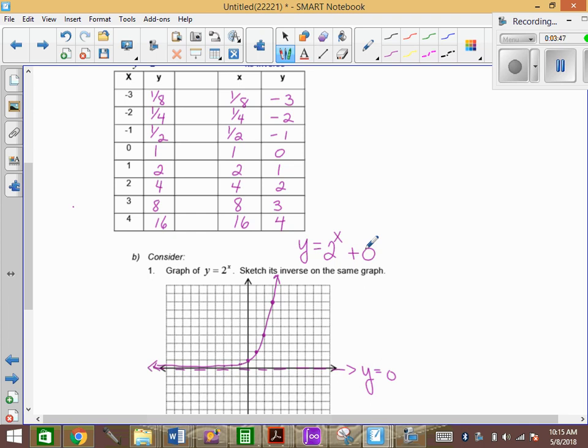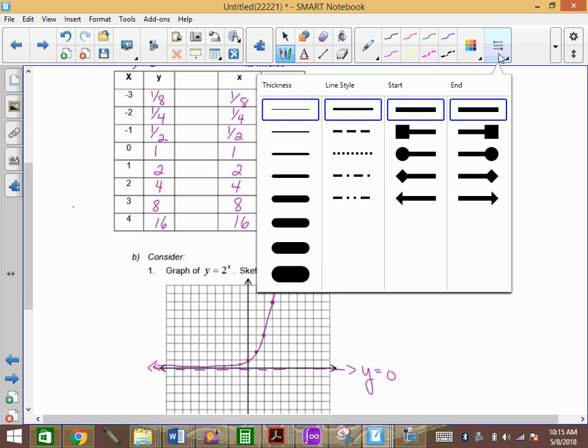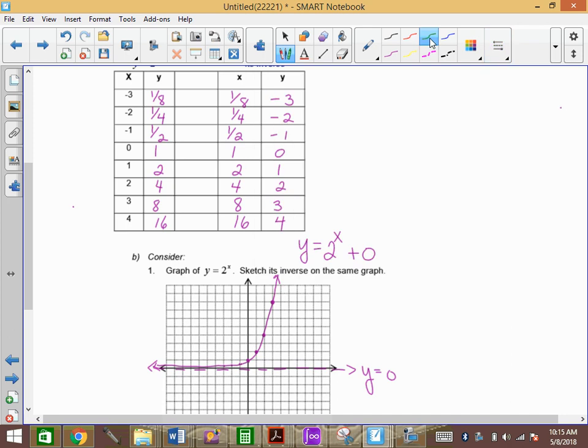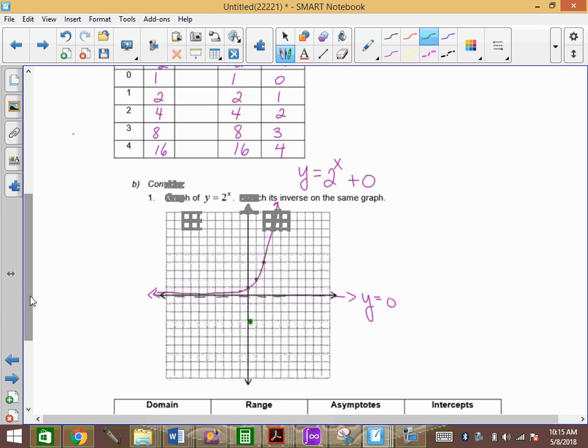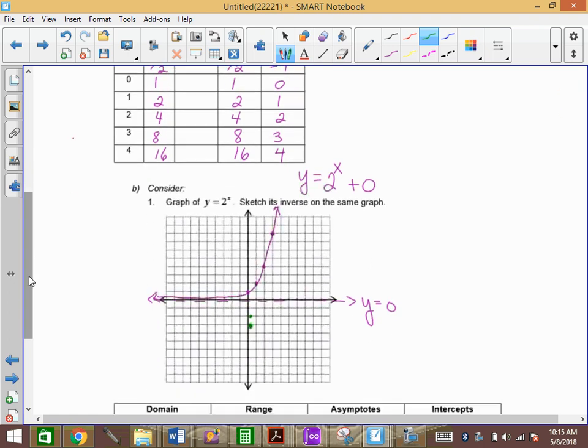So now we're drawing the inverse of it. The inverse of this is 1/8 and negative 3. And then we have 1/4 and negative 2. And then 1/2 and negative 1.